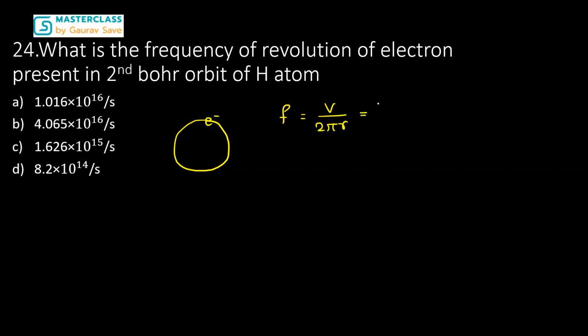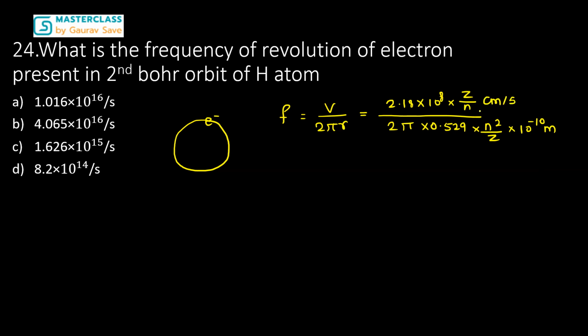Okay. Now velocity, what is velocity? Formula for velocity is 2.18 into 10 raised to 8 into Z upon n. The whole thing divided by 2 pi into 0.529 into n square upon Z into 10 raised to minus 10 meter. Guys, over here also I have made one mistake.